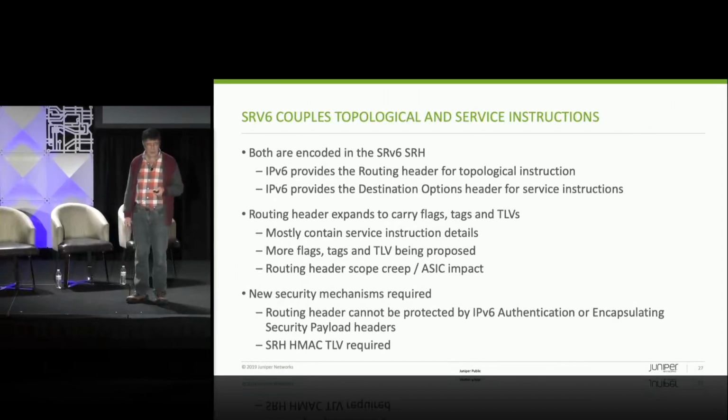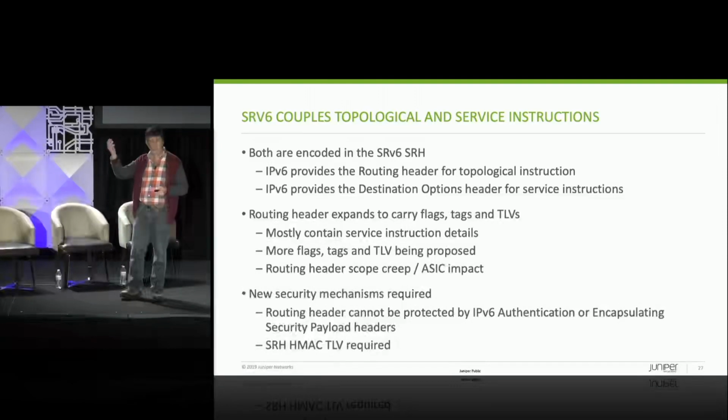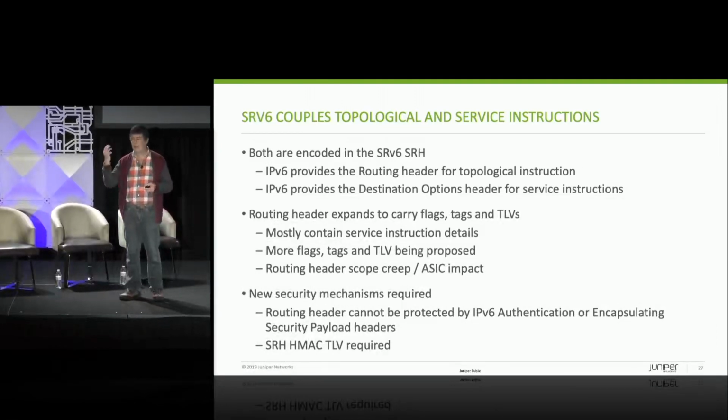The next issue is that SRv6 couples topological and service instructions. You remember in SRv6+, we put topological instructions in a FIB, and that FIB is referenced with a routing header. So the routing header does nothing but traffic engineering.